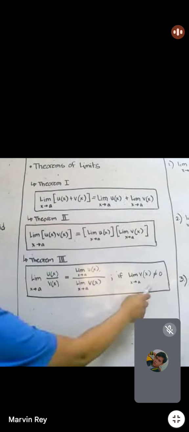Or it is an infinite number, some kind of infinity, if v of x is equal to 0. Okay, so these are the basic theorems of limits.